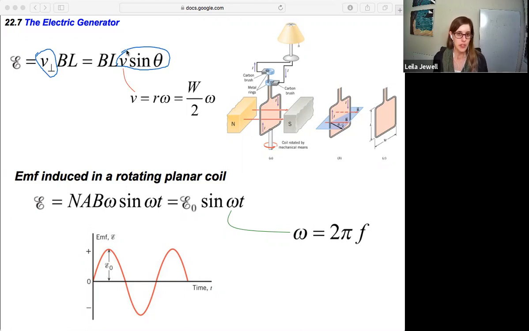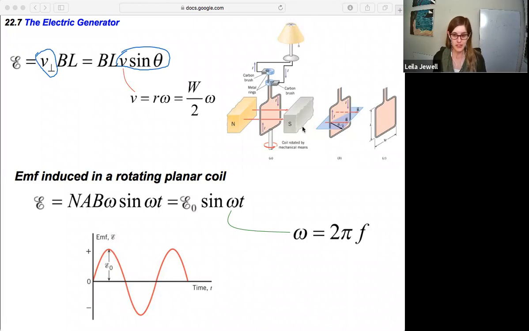But we can take this one step further, and since we're talking about rotation, we can go back to our rotational chapter. If you'll remember way back in chapter 8, we saw that the tangential speed is equal to the radius times the angular speed, omega.